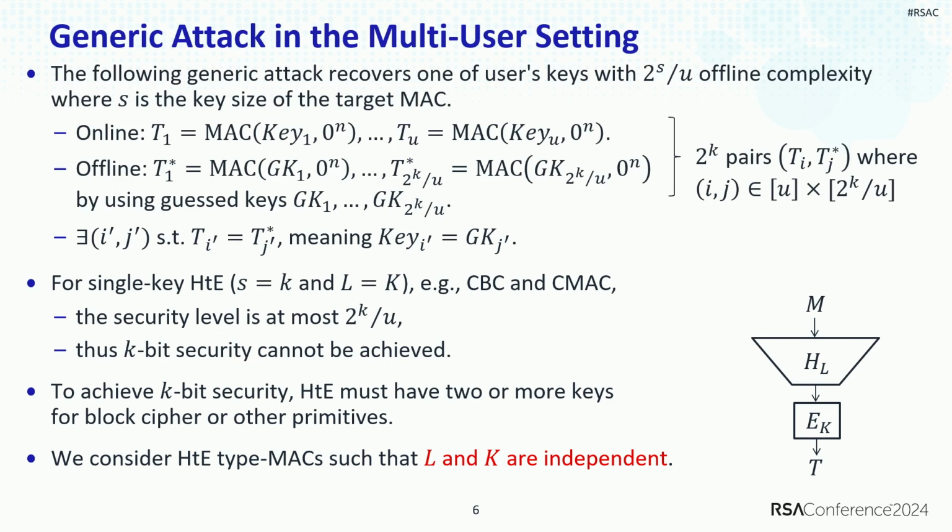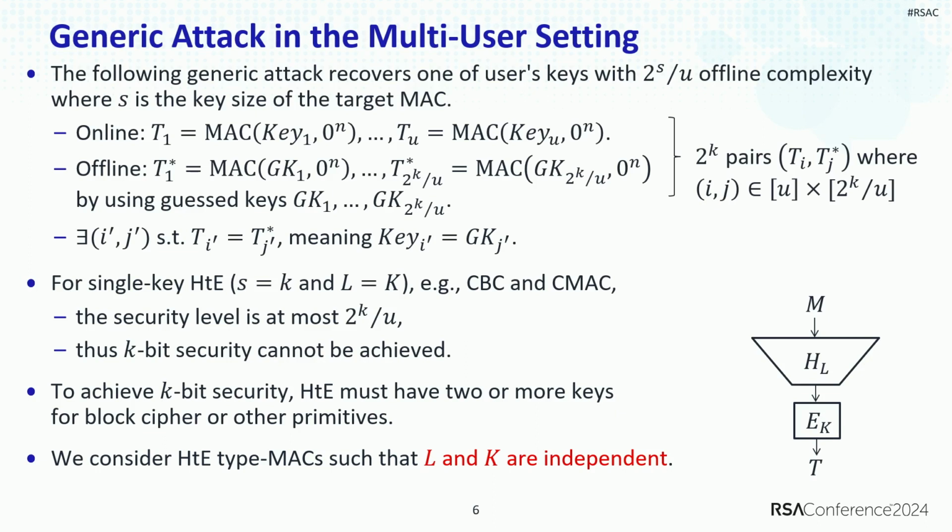Regarding single key HtE schemes, that is, where the hash key size is equal to the block cipher key size, the security level is at most 2 to the K over U, where U is the number of users, due to the generic attack.